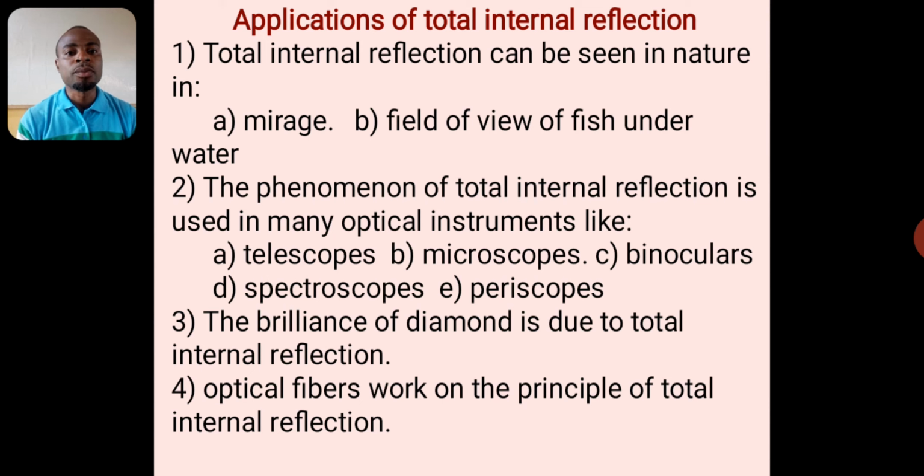Number two, the phenomenon of total internal reflection is used in many optical instruments like telescopes, microscopes, binoculars, spectroscopes, and periscopes. These are the instruments that apply the principle of total internal reflection in their operations. Number 3, the brilliance of diamond is also due to total internal reflection.